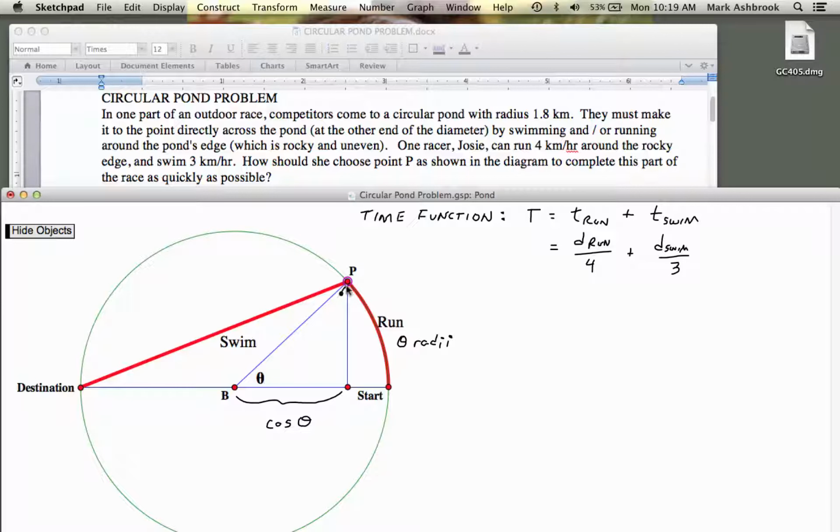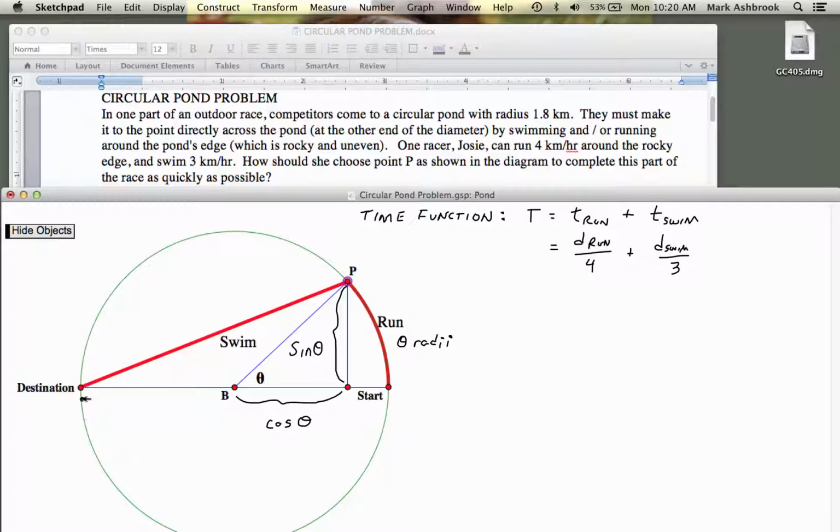And then the vertical distance of this point P on the circle, measured in radii, is sine theta. So this arc length, this horizontal length, this vertical length, measured in the units of the radii are theta, cosine theta, and sine theta. But we want these distances in kilometers.